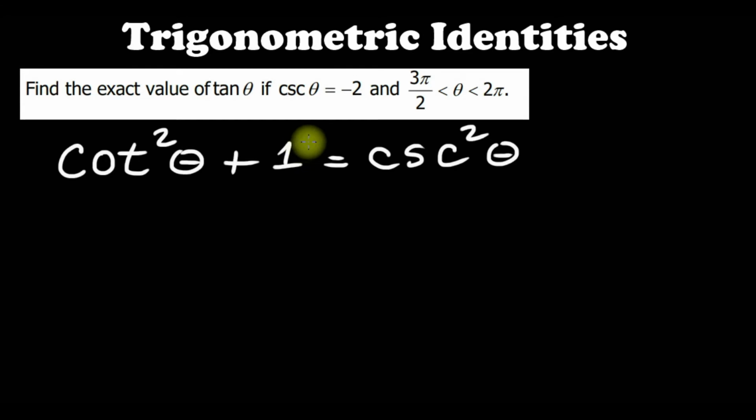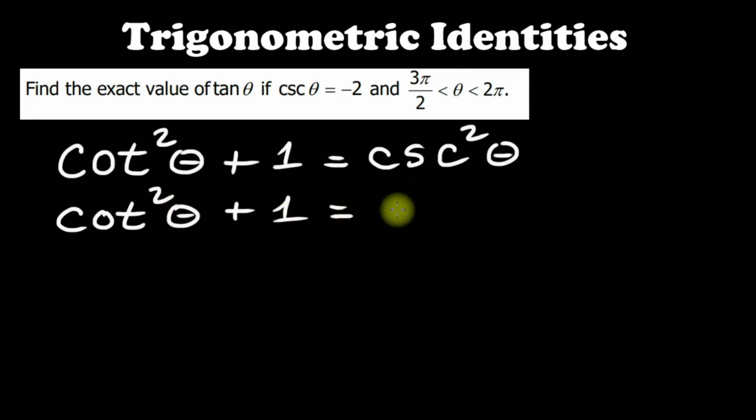We know what cosecant is, so we can plug in -2 for cosecant. It's going to look like this. Cotangent squared theta plus 1 is (-2) squared.